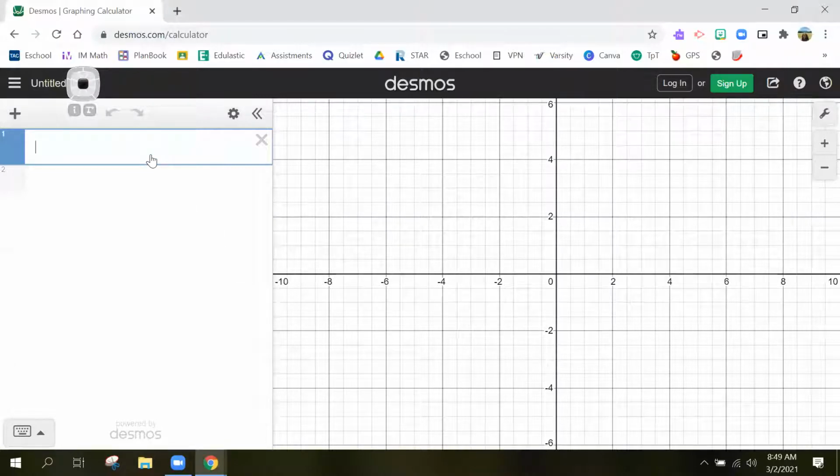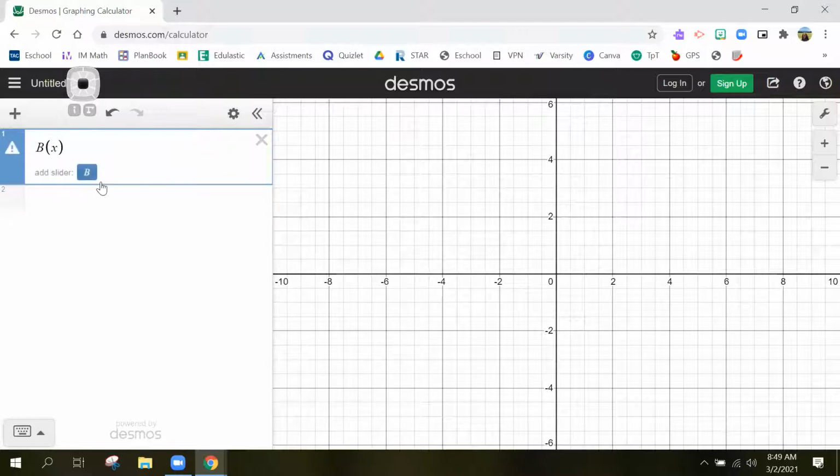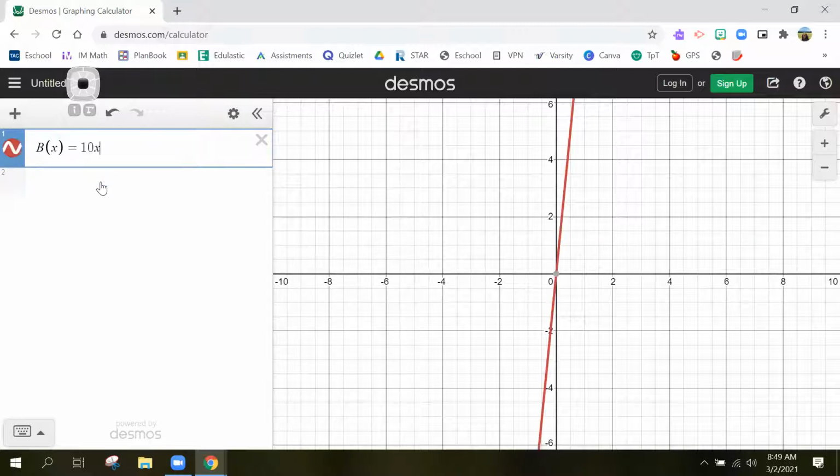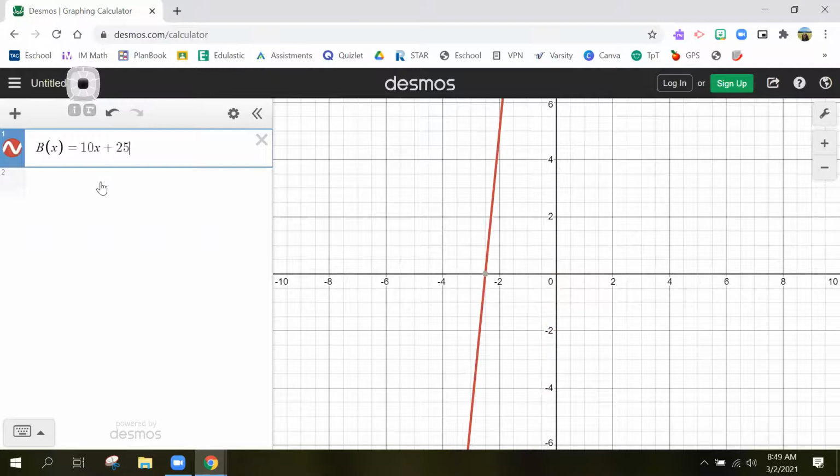First things first, you're going to type in the function in this first little blank right here. So we have capital B, parentheses, X, equals 10X plus 25. And there is our function graphed.